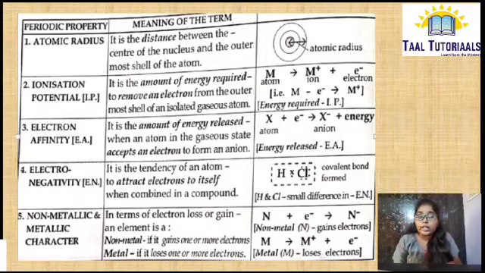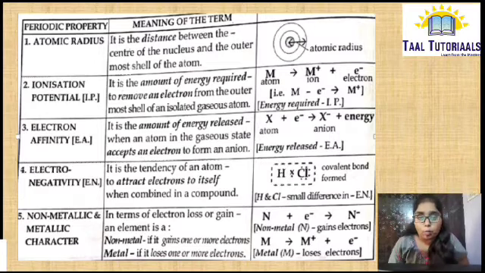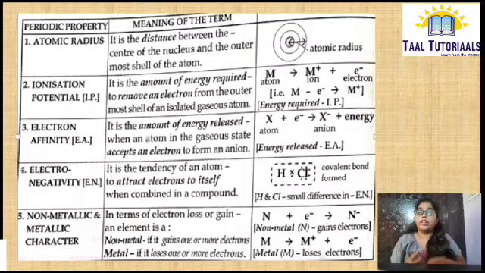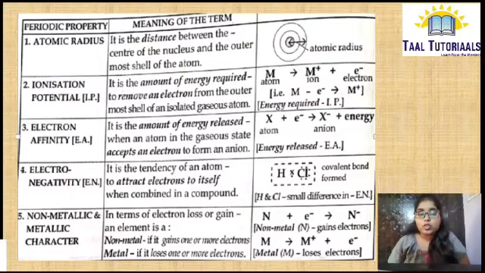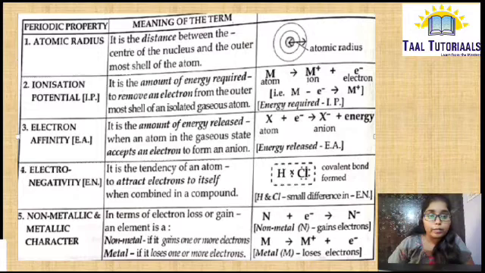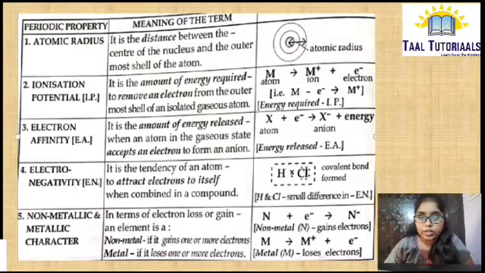Electronegativity is the tendency of an atom to attract electrons to itself when combined in a compound. Here is an example, HCl, where HCl is a covalent bond. H and Cl have a small difference in electronegativity.